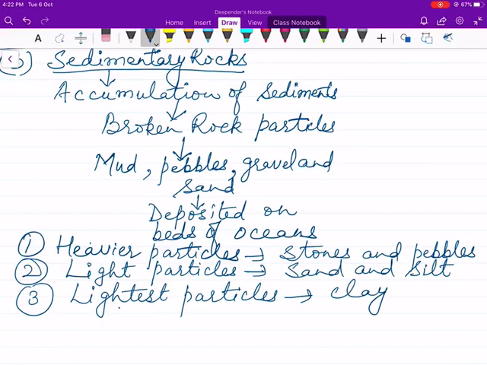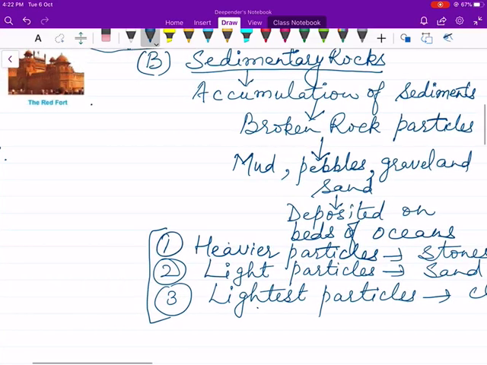That means heavier particles at the bottom, then the light and the lightest on the top. All of these three particles which settle down are called sediments. These are all known as sediments.